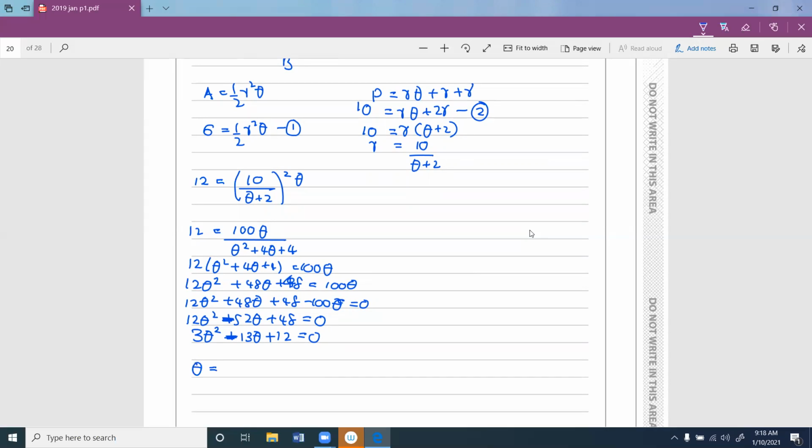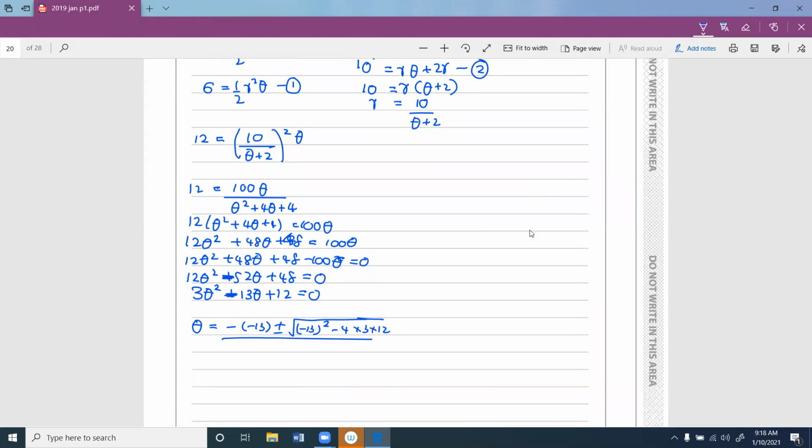Theta equals minus 13 plus or minus the square root of minus 13 squared minus 4a c, with a is 3 and c is 12, divided by 2a, divide by 2 into 3. With that you can get the answer for theta. Let's turn up to theta equals 3 and the other one is theta equals 4 over 3, right?